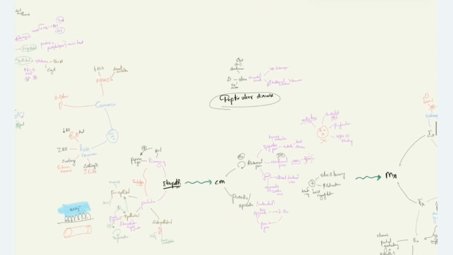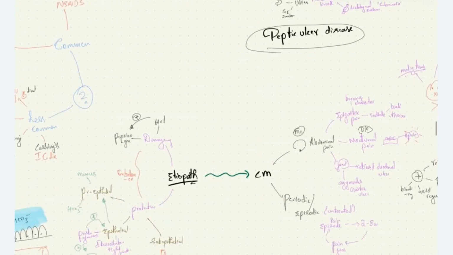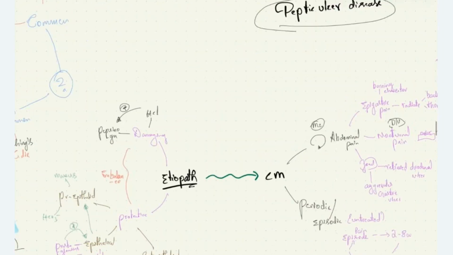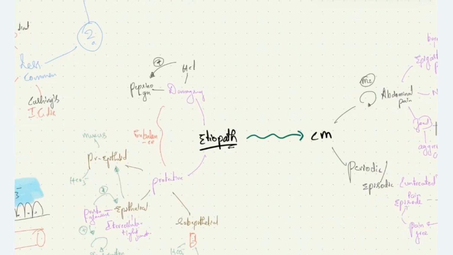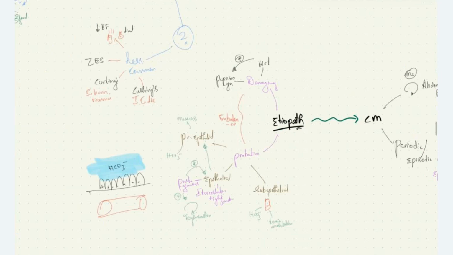What is the pathophysiology of this condition, peptic ulcer disease? In stomach, inside we have some damaging factors and some protective factors. The damaging factors are HCl and pepsinogen. Even though HCl here is a damaging factor with respect to peptic ulcer disease, HCl is an innate immune response to fight back the infections.